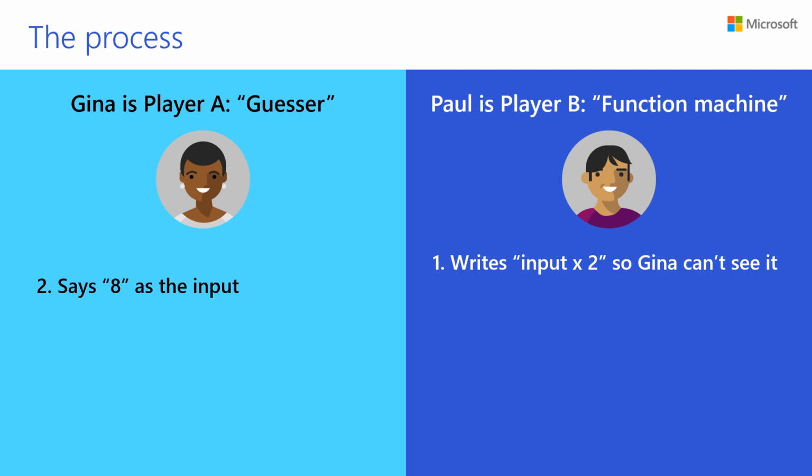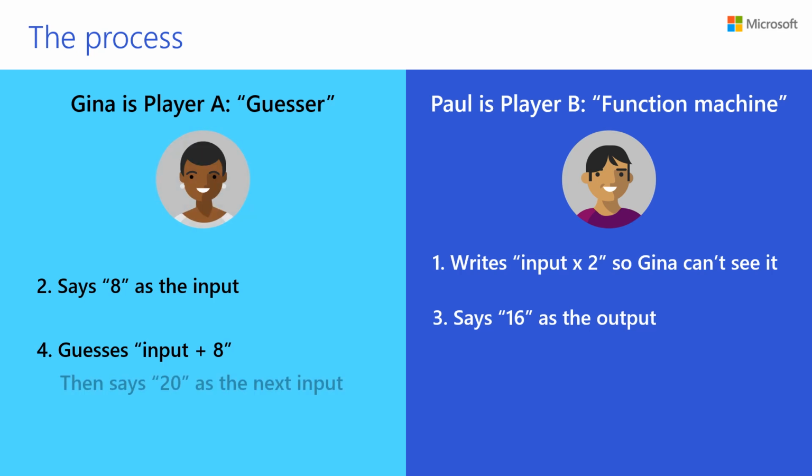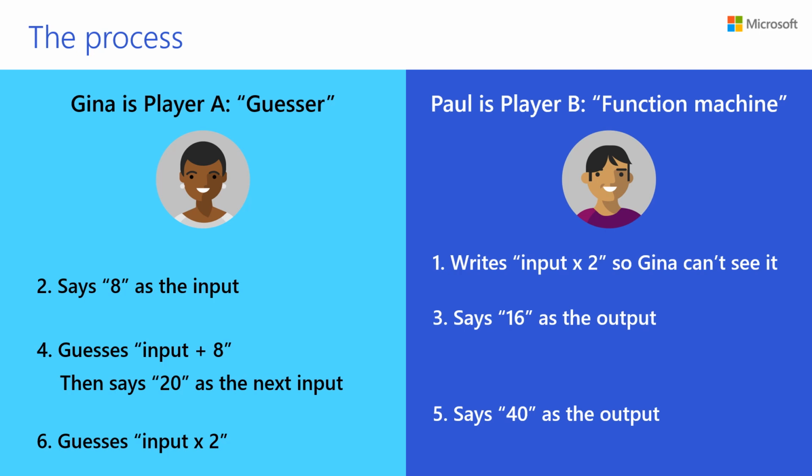Paul applies the function to the input and says 16 as the output. Gina thinks the function could be either input plus 8 or input times 2, so she'll guess input plus 8. Had she guessed correctly, they'd switch roles, but since she was incorrect in this case, she gives another input of 20. Paul says 40 as the output, and Gina guesses the correct function, and then they switch roles.